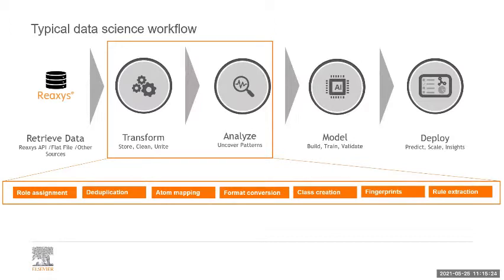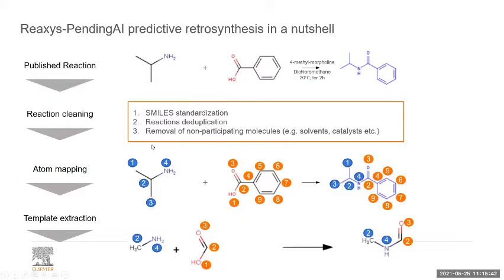A critical part of the process is getting high quality and unified data that is machine learning ready. The good news is that Reaxys actually fulfills most of the requirements today. So it's not surprising that we use Reaxys data as a starting point.